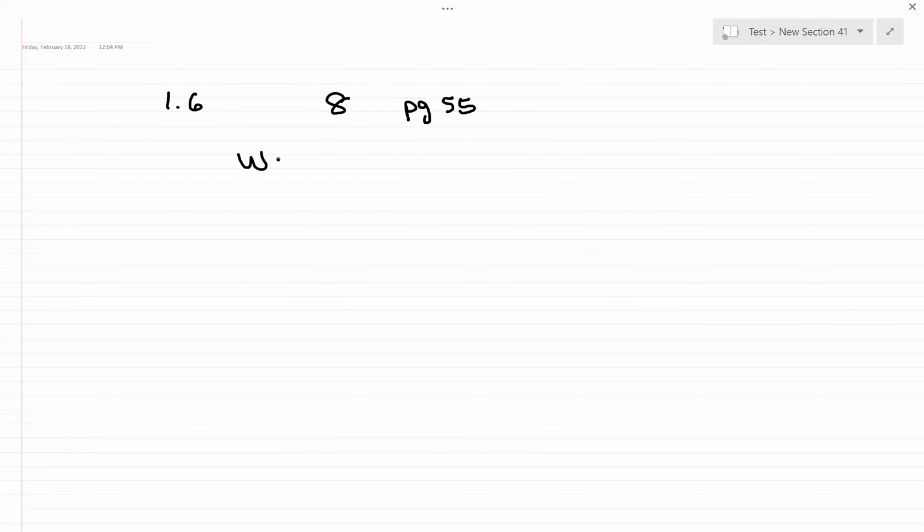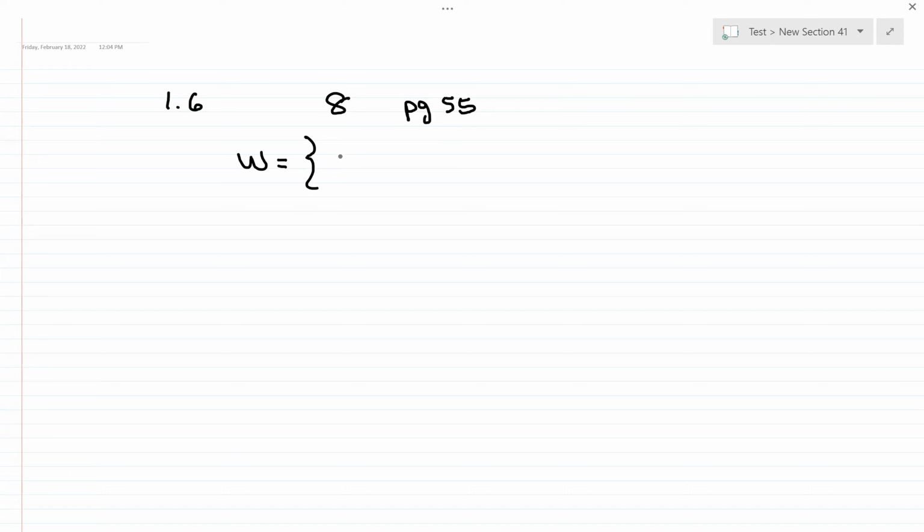And W, coordinates in R5, consisting of all vectors having coordinates that sum to 0.